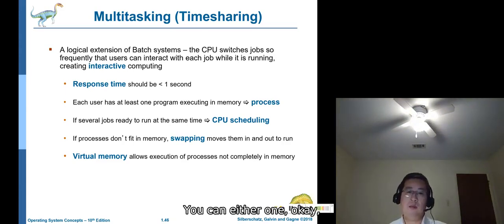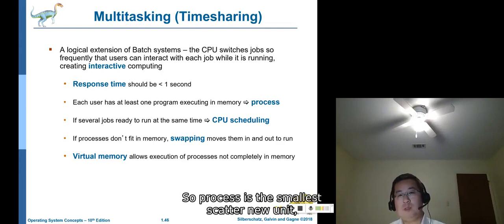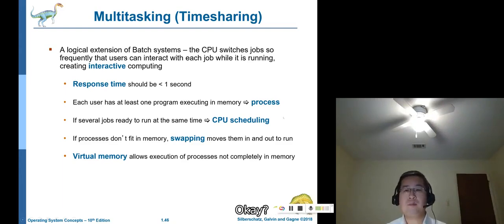You cannot run only one thread of a process and then wait for the others. So that's not possible. So process is the smallest scheduling unit, and the thread is the smallest running unit. Okay, so that means it's ready, it's loaded into memory for the job. That will be the process.